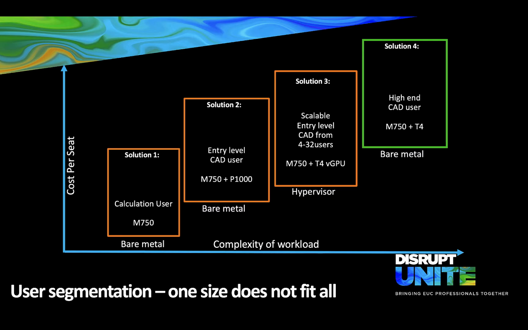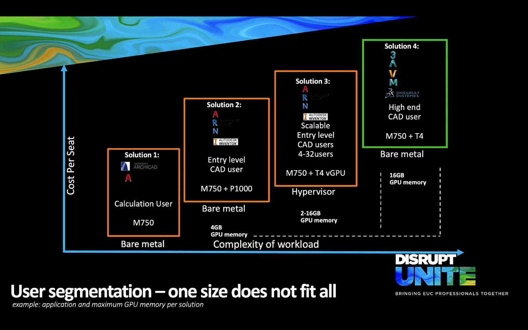Solution 3 is the scalable entry-level CAD, where you have a variety, from a couple of users all the way up to X amount of users. And here you virtualize the stack with a hypervisor, and you use the vGPU technology with that. And the last, solution 4, is the most high-end offering, where you have the M750 together with the T4s in the bare metal. So you get a 16 GB frame buffer, and that's more typical for workloads like VRED, Maya, CATIA, 3ds Max.